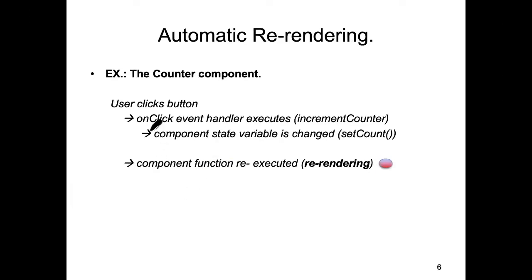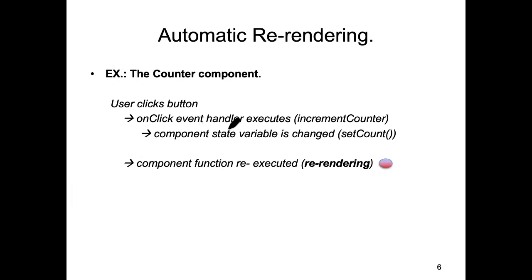So this is my way of representing what's happening behind the scenes. This is the flow when the user clicks the button in my counter. That causes the onClick event handler to execute. That's normal browser behavior. But then because my event handler changes the component state variable, this is where we move into React space.